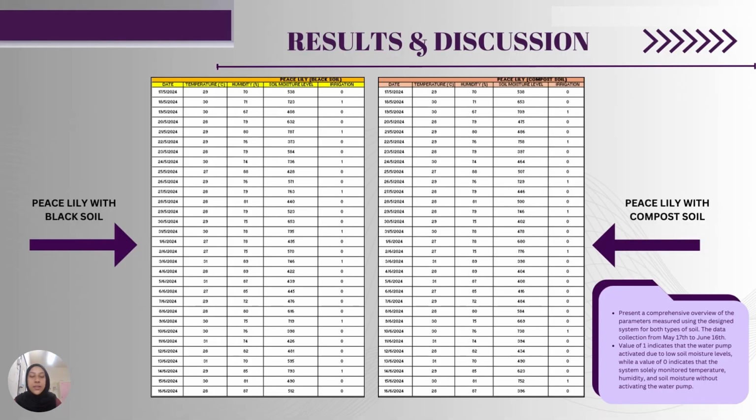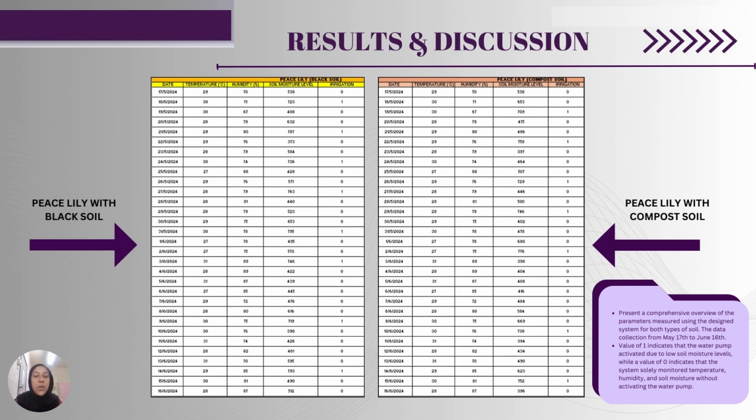Next, for result and discussion, in this slide, there are two tables that represent a comprehensive overview of the parameters measured using the designed system for both types of soil. So the data was collected from May 17 to June 16. So in this table, there are columns for temperature, humidity, soil moisture level, and also irrigation.